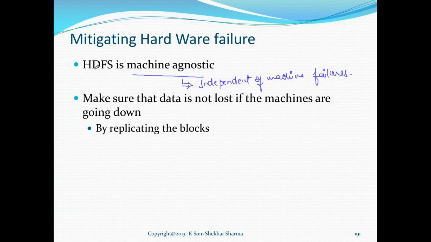So we say HDFS is independent of machine failures, because if a machine fails, nothing will happen. When the machine fails, data is lost and the task is lost. But since you keep the replicas in some other machine, the data is not lost, and the task can also be recovered.